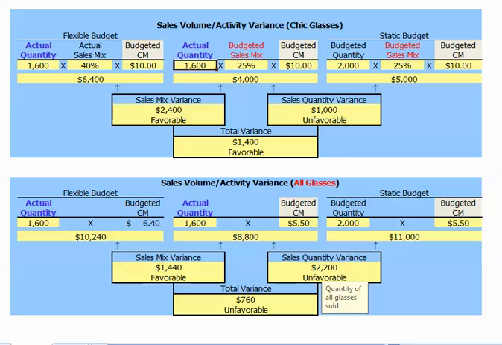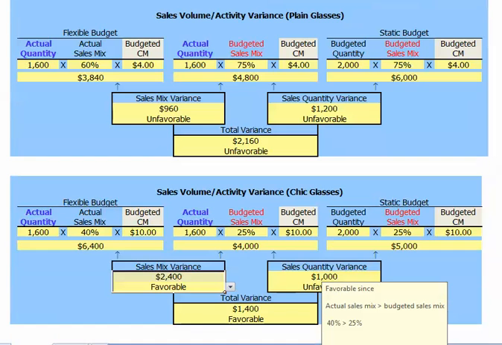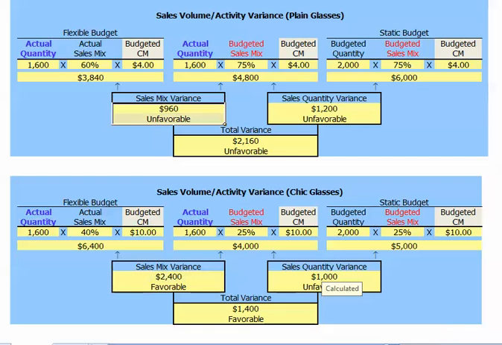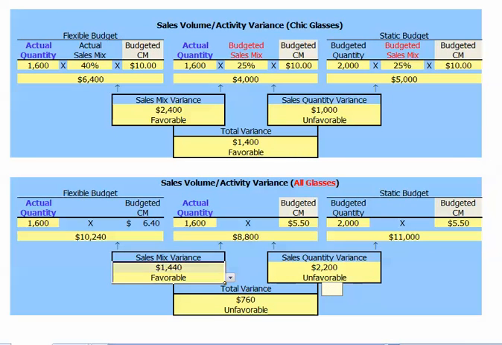But we had sold fewer glasses, but the good news was our sales mix shifted towards the higher margin chic glasses, and they produced a favorable sales mix variance, while the shift away from the plain glasses was an unfavorable sales mix variance. But overall, we had a favorable sales mix variance.